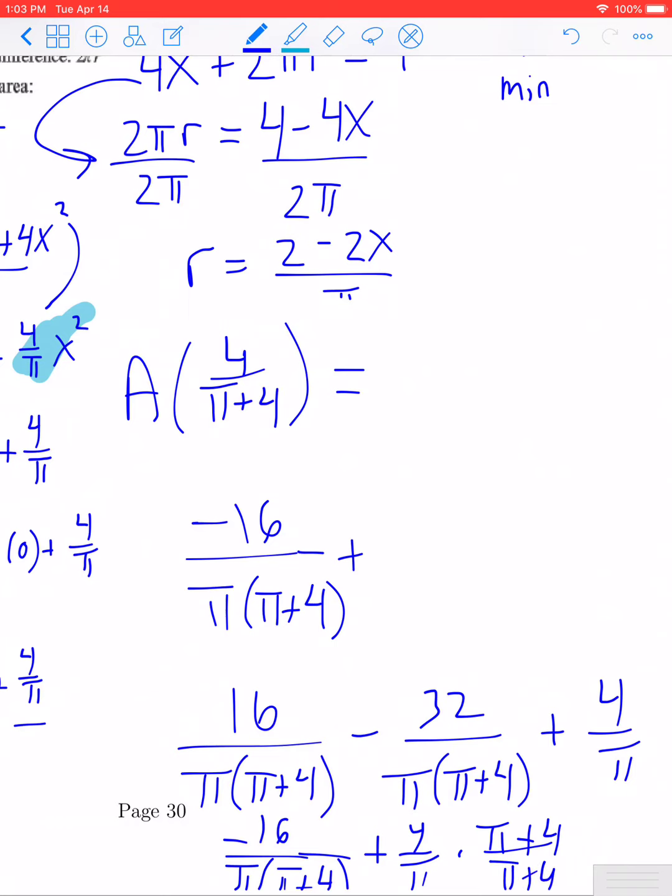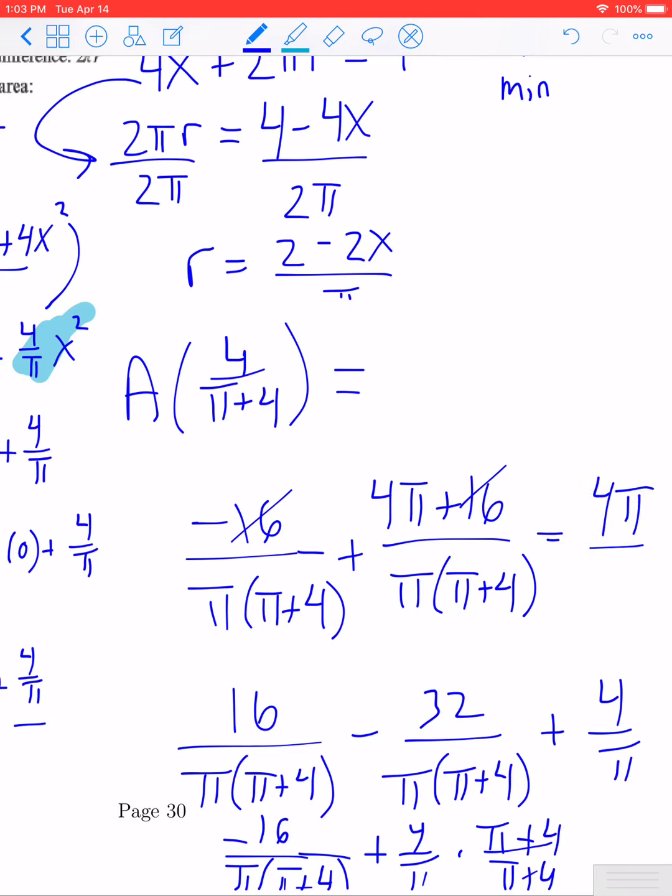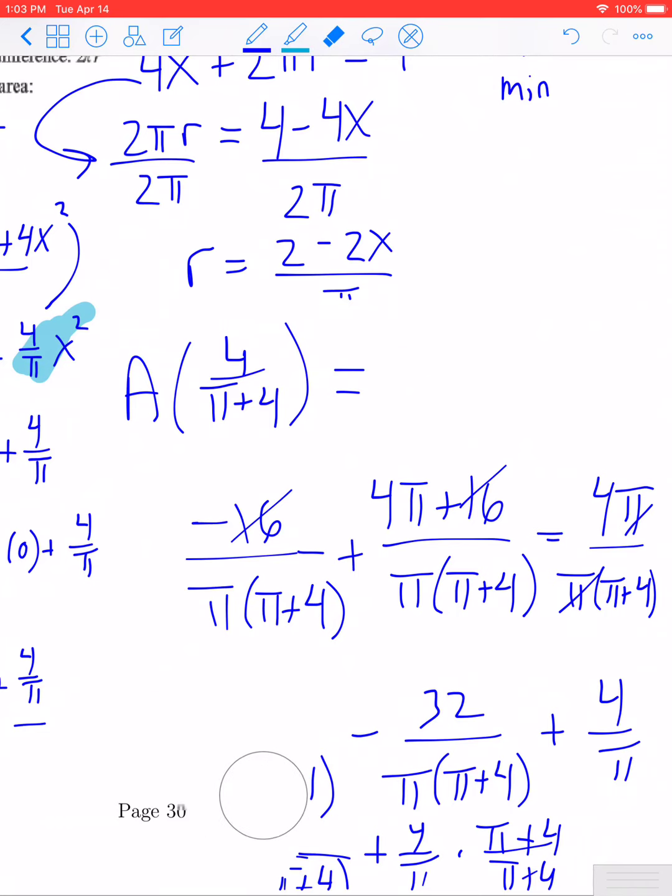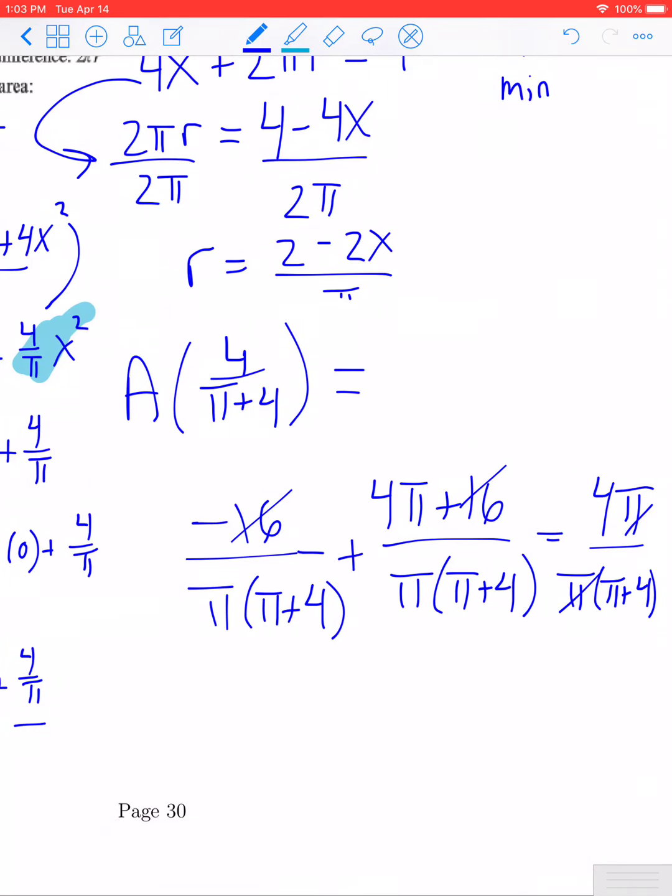That will give us 4 pi plus 16 over pi times pi plus 4. When we combine those terms, the 16s cancel. So we're going to be left with 4 pi divided by pi times pi plus 4. The pi's cancel, and so this would leave us with an area of 4 divided by pi plus 4.